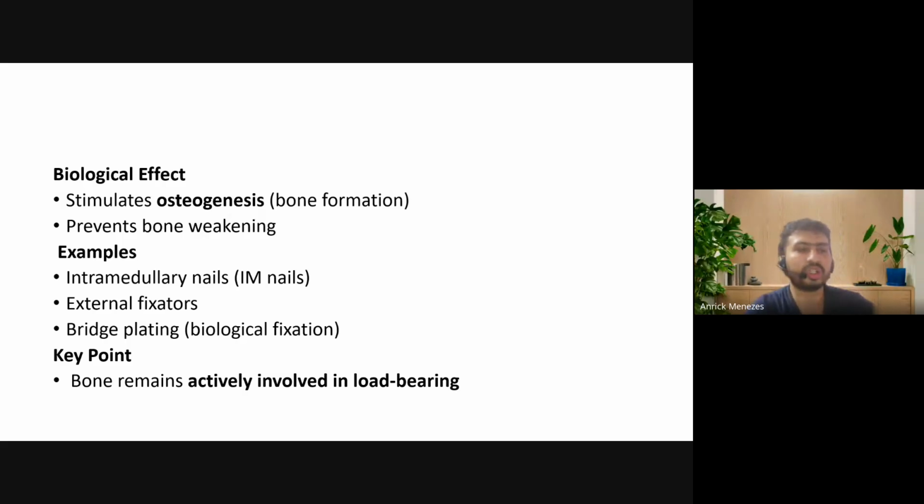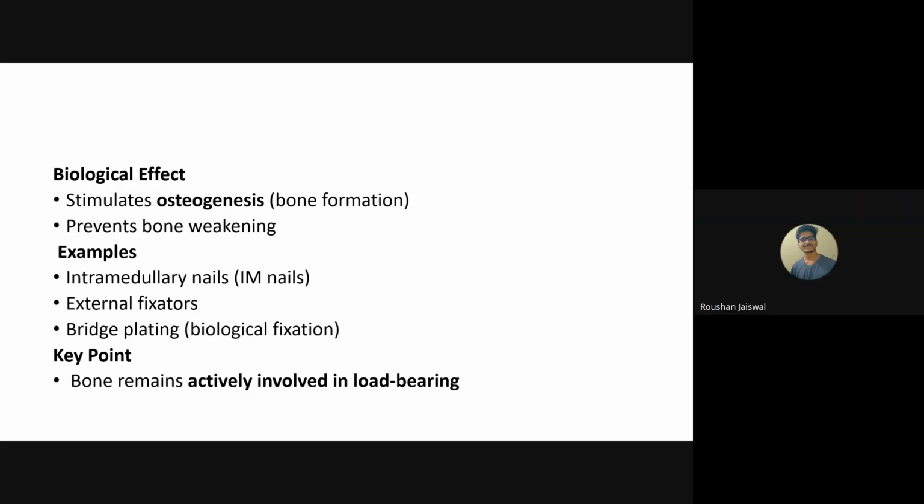So you might have heard about Wolff's law. Can someone tell what is Wolff's law? Put it in the chat box. Yeah, healing of stress and bone. Strain is required for bone healing.